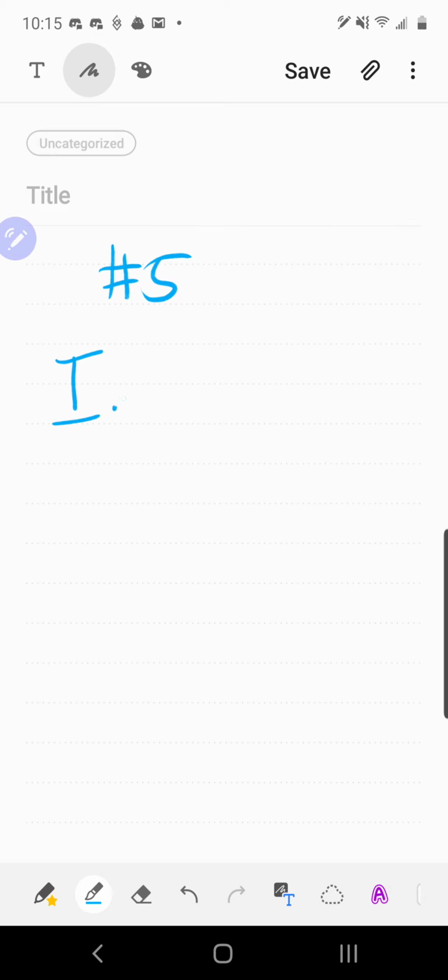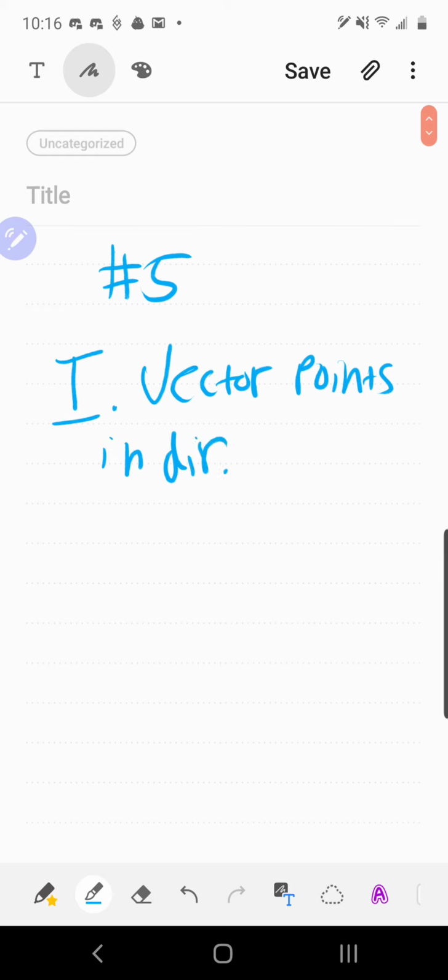Now we have four choices. Number one, a vector that points in the direction of a general rate of change of a scalar field.